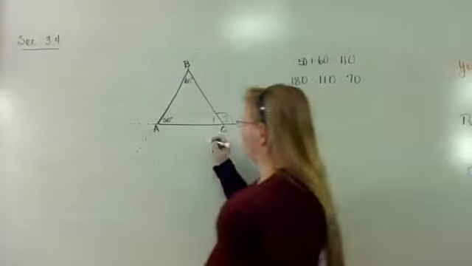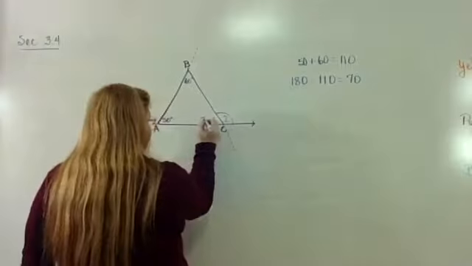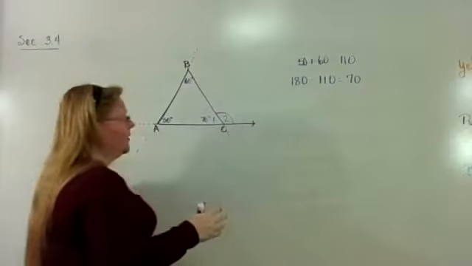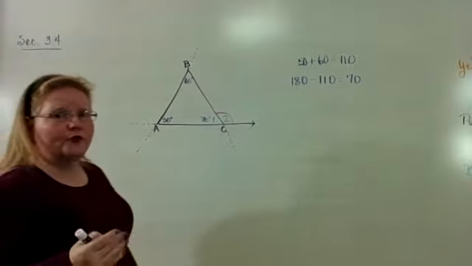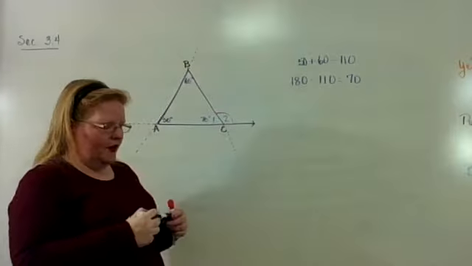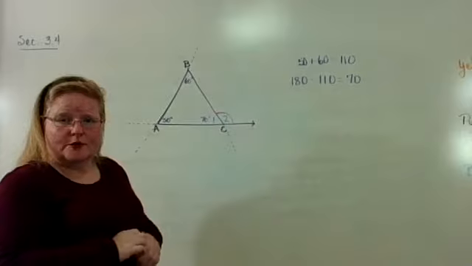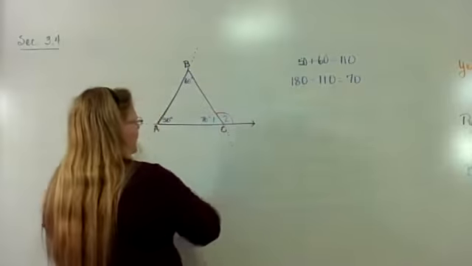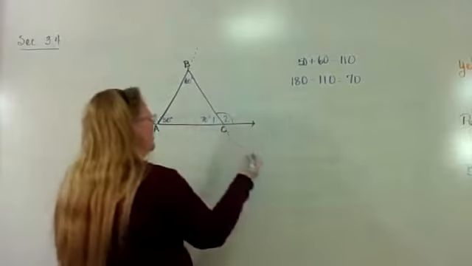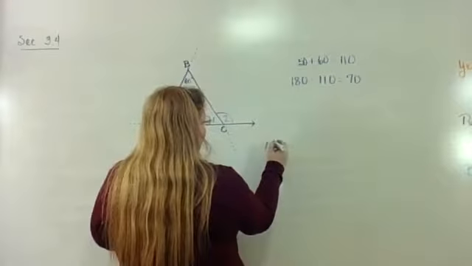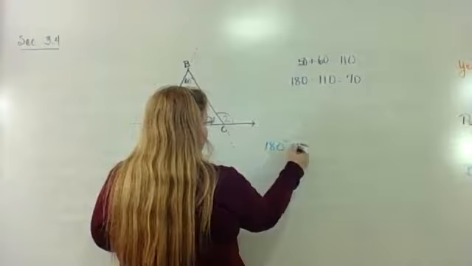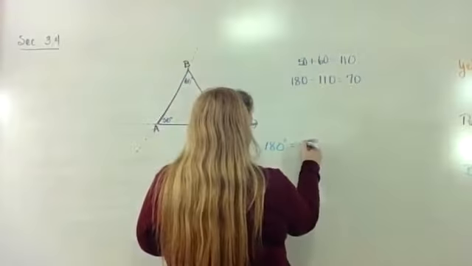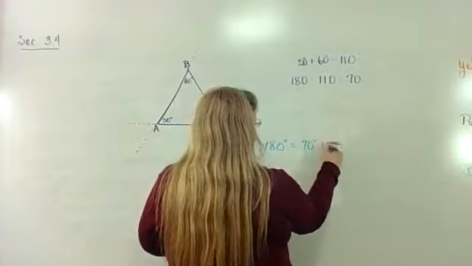So since we know that this is 70 degrees, it is possible for us to figure out angle 2 now, because we know that angle 1 and angle 2 form a linear pair. See, it's great when I can throw out these kinds of words, ain't it? So since angle 1 and angle 2 form a linear pair, 180 degrees has to equal my 70 plus whatever the measure of angle 2 is.